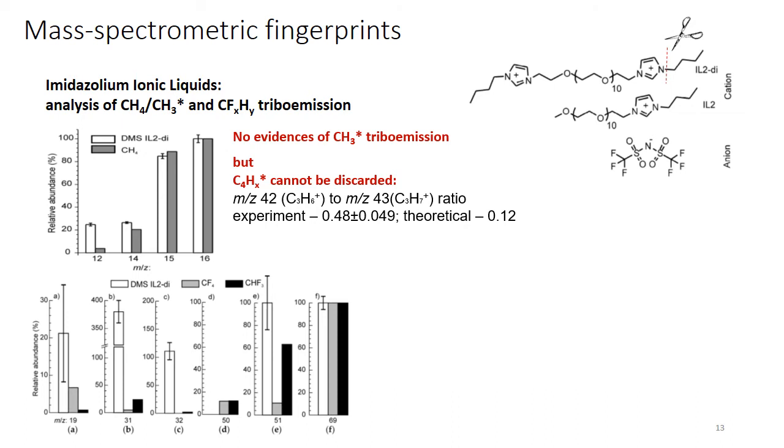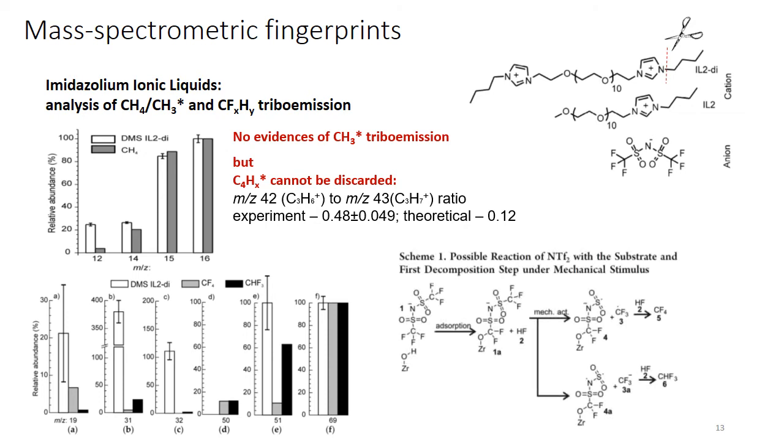So our conclusion was that there is definitely presence of CHF3 rather than CF4. CF4 probably can exist, but the dominating concentration is of CHF3.